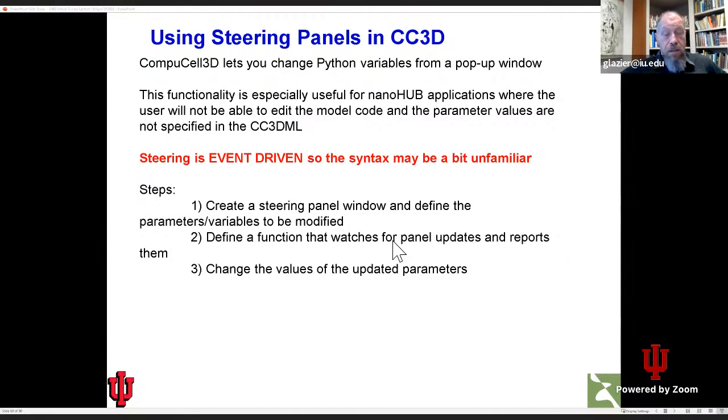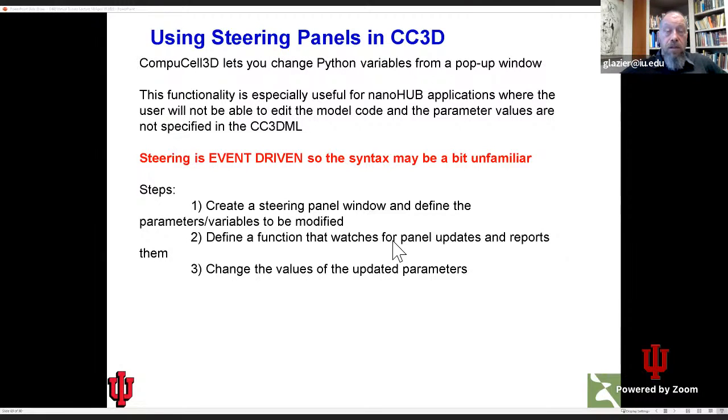CompuCell gives you a limited number of controls through what it calls the steering panel. And this is something where if the user is not going to edit your code, they have to have some way of being able to change things while the simulation is running.